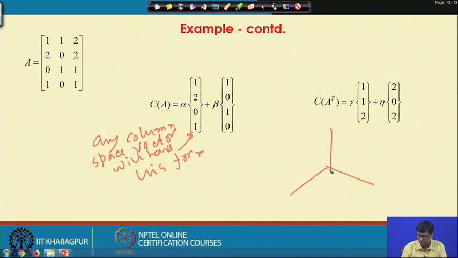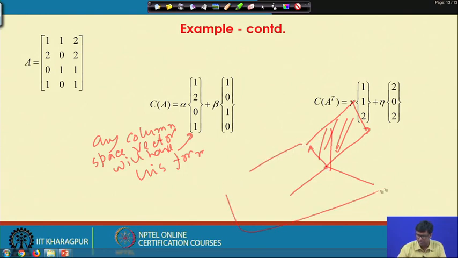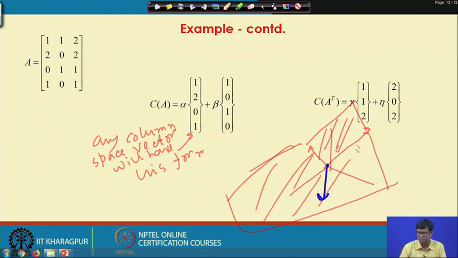One vector will be 2 0 2, with axes x y z, and another vector will be x1 y1 z2. Any vector in the plane contained by these vectors, extended like this, will be a row space vector. So, this will be the row space, which is a plane in 3-dimensional geometry.